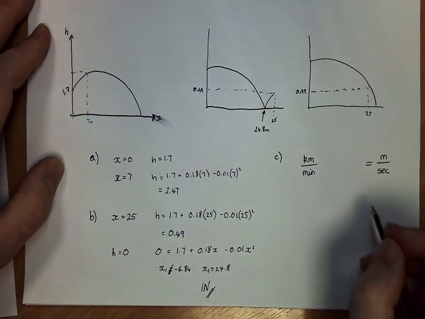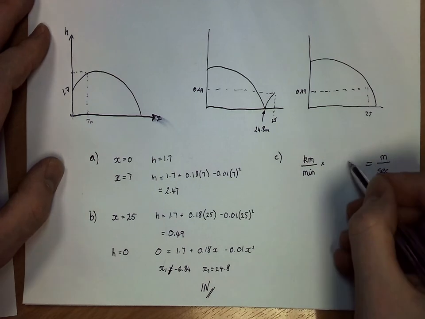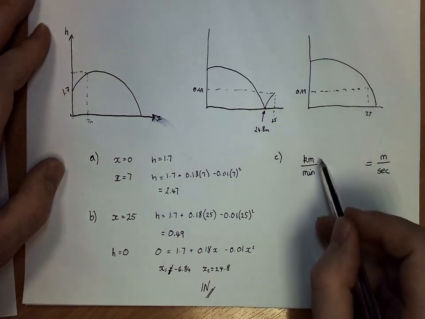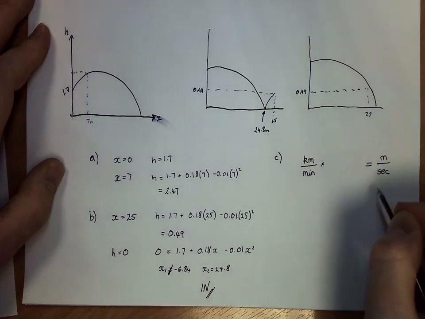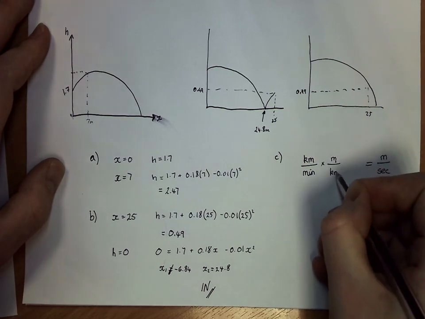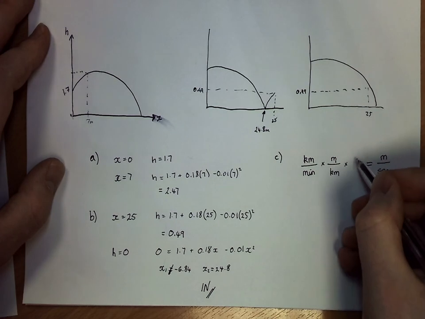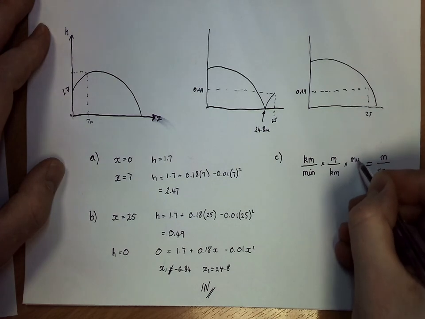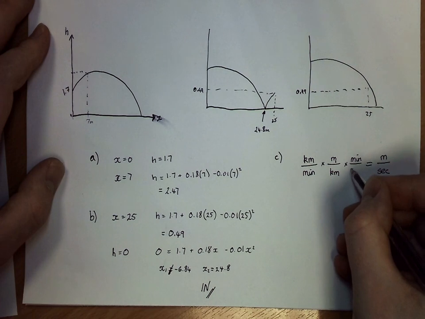So what I'm going to do is I'm going to multiply by some things. To work out what I'm multiplying by, I'm going to try and make that fraction equal to this fraction. So I'm going to times it by meters over kilometers. I'm going to times it by minutes over seconds.